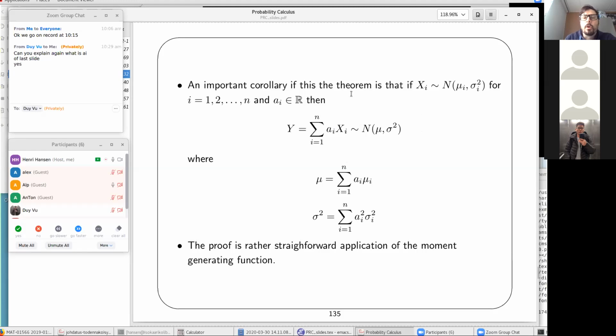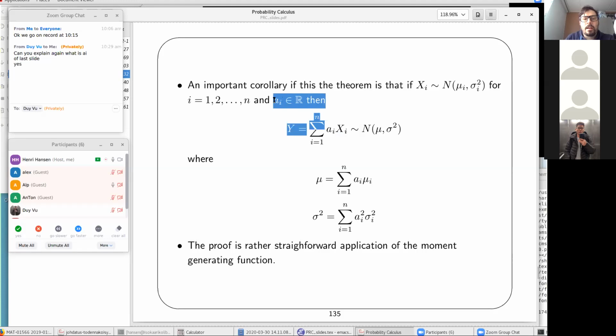Okay. So here, just to return to this. We have here some random variables. We are combining them, each having a weight or some kind of coefficient ai. We are adding these together, multiplying xi with some real number ai. So this is what we call a linear combination of these.